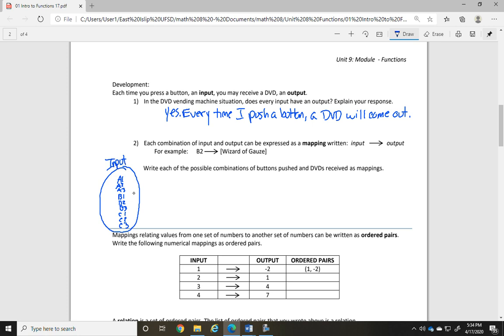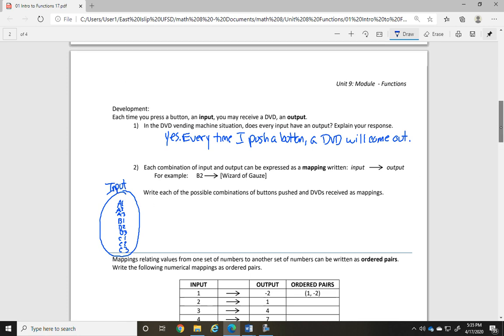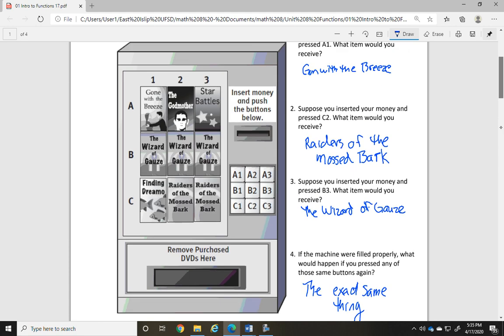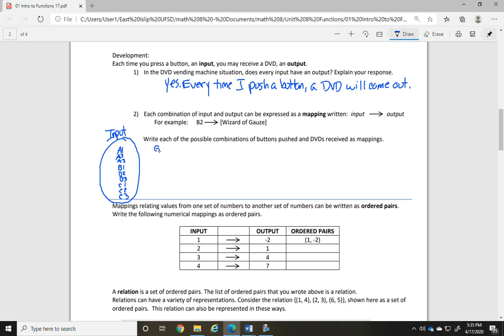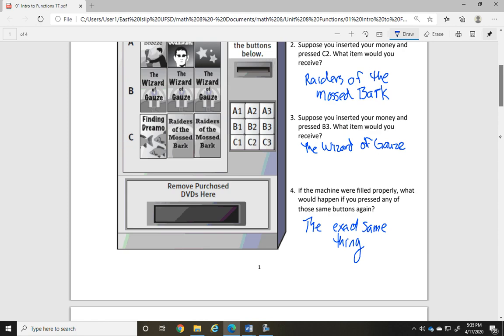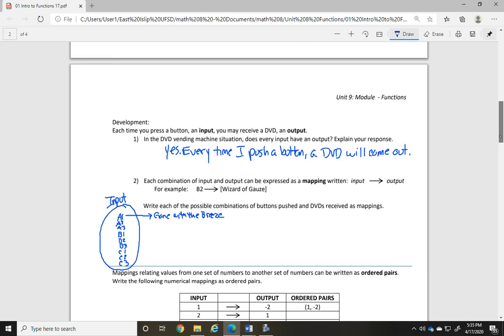Now each input has to have an arrow coming out of it pointing to its output. So A1 goes to Gone with the Breeze. A2, The Godmother.